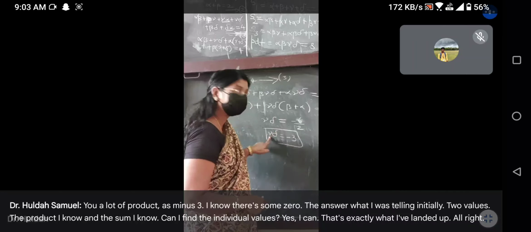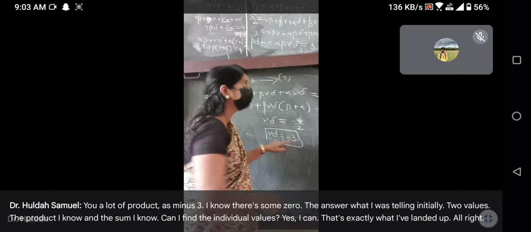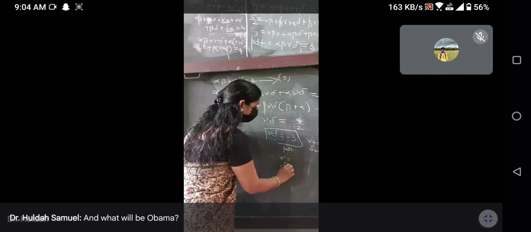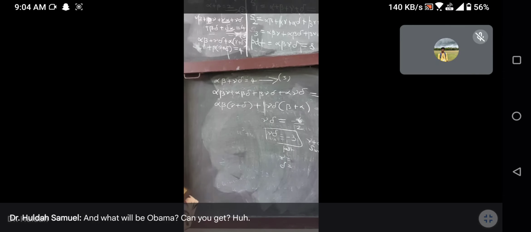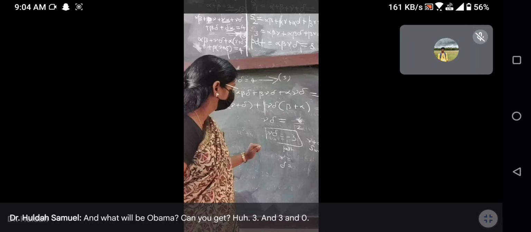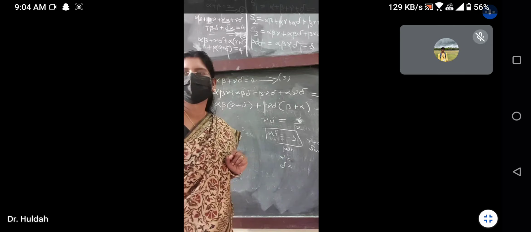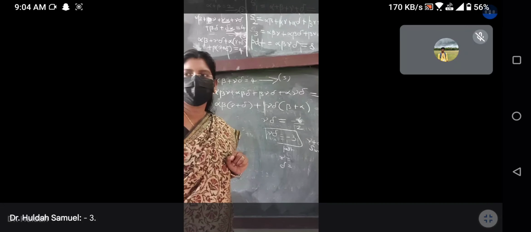All right. So I put gamma into delta, and from the question I know gamma plus delta, the sum. What will be your gamma and delta? Can you guess? 3 and 0? Minus 3, 1?